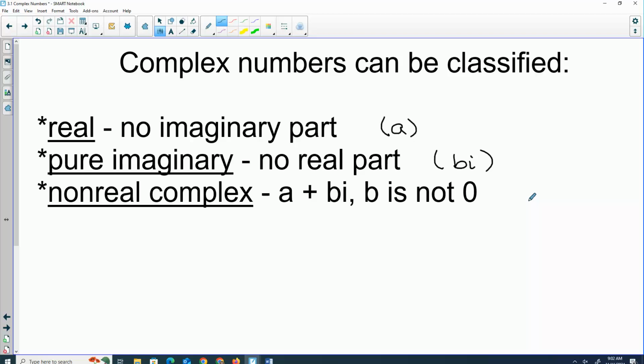It has the real and the imaginary part. So, a real number doesn't have an i. If it's pure imaginary, there's no real term. And non-real complex has both pieces.